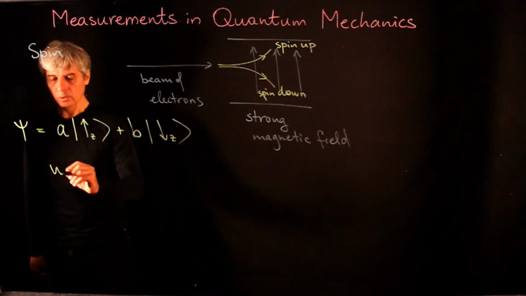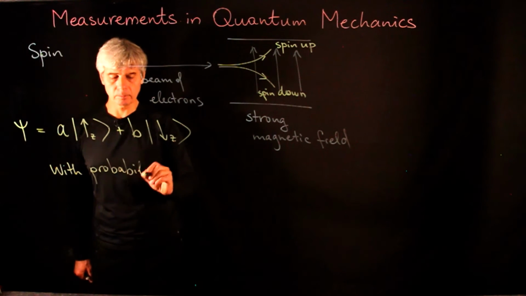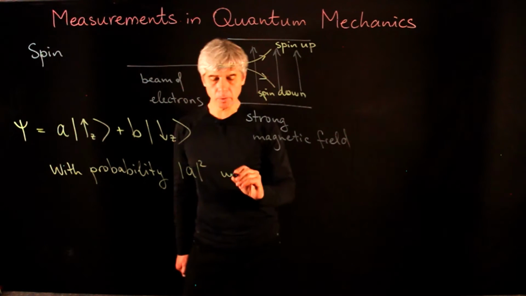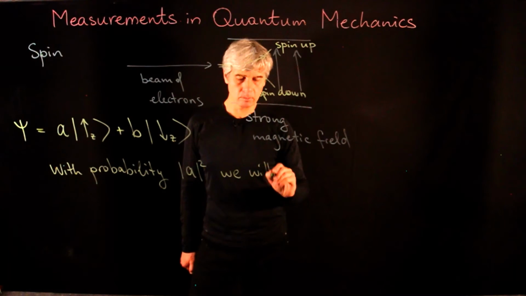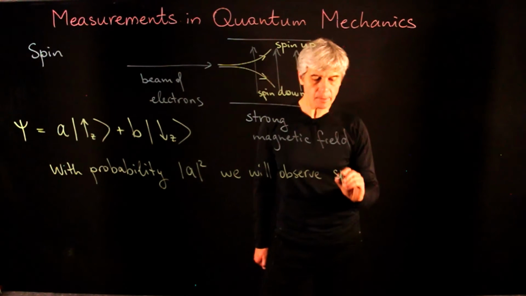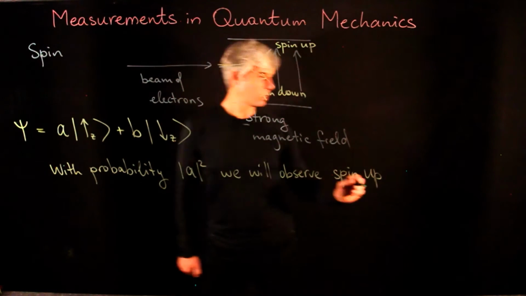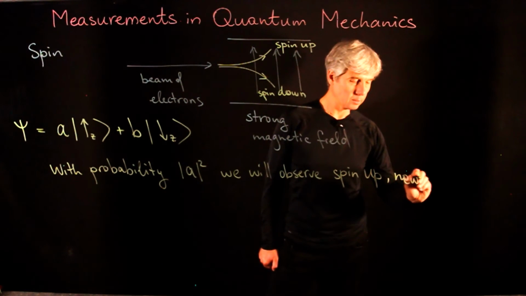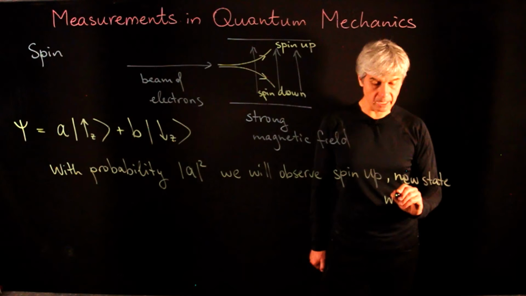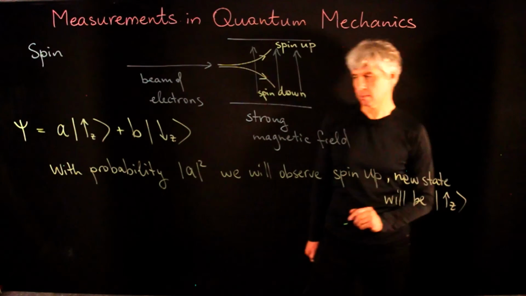Then with probability norm of A squared, we will observe spin up, and so the new state will be the basic state spin up, right?